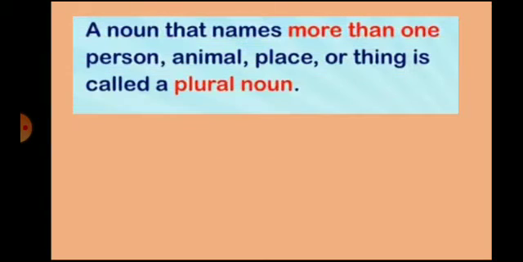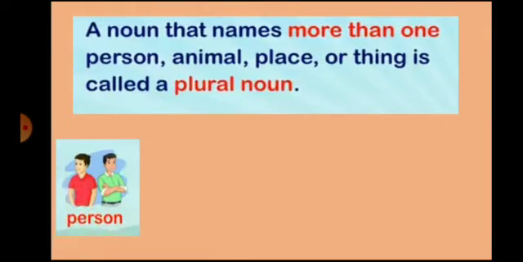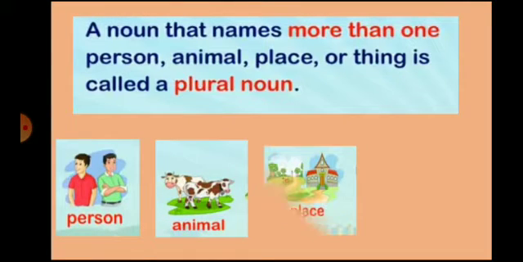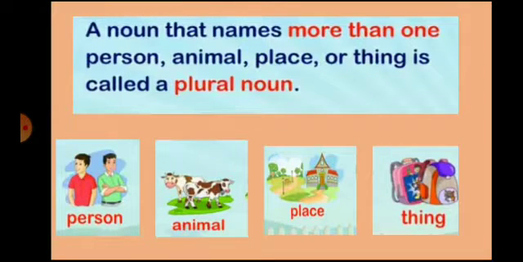Now, what is a plural noun? A noun that names more than one person, animal, place and thing is called a plural noun. So, when we are talking about more than one person, animal, place and thing, that is called a plural noun.